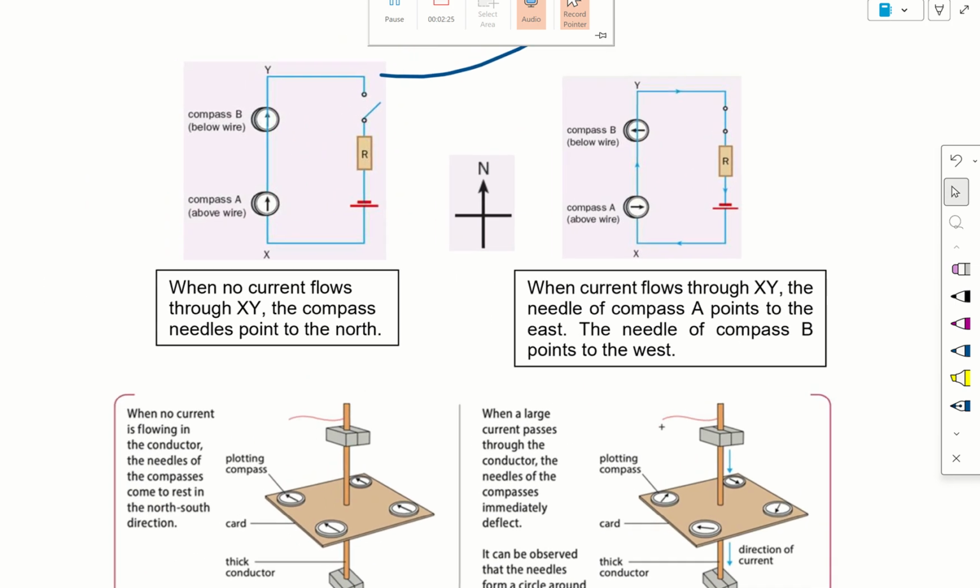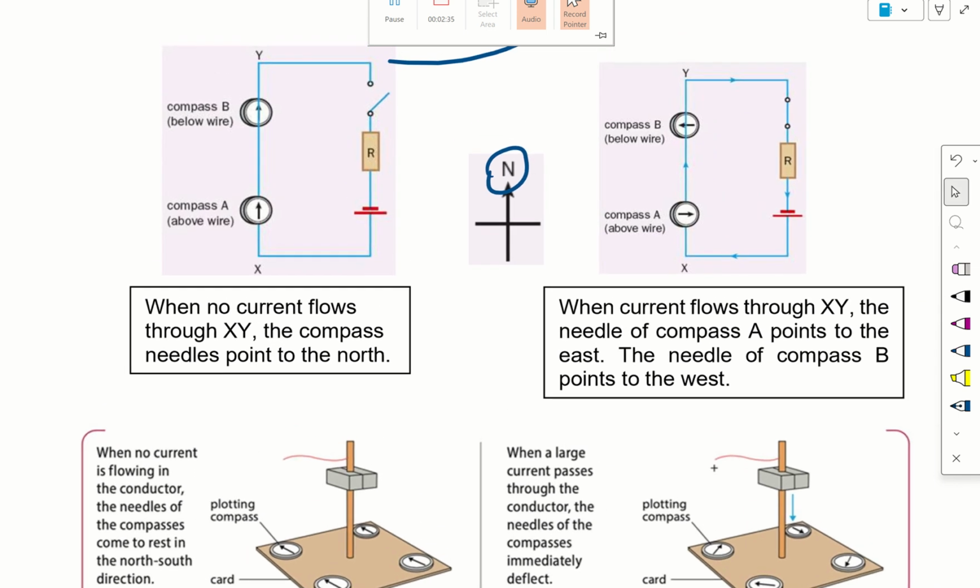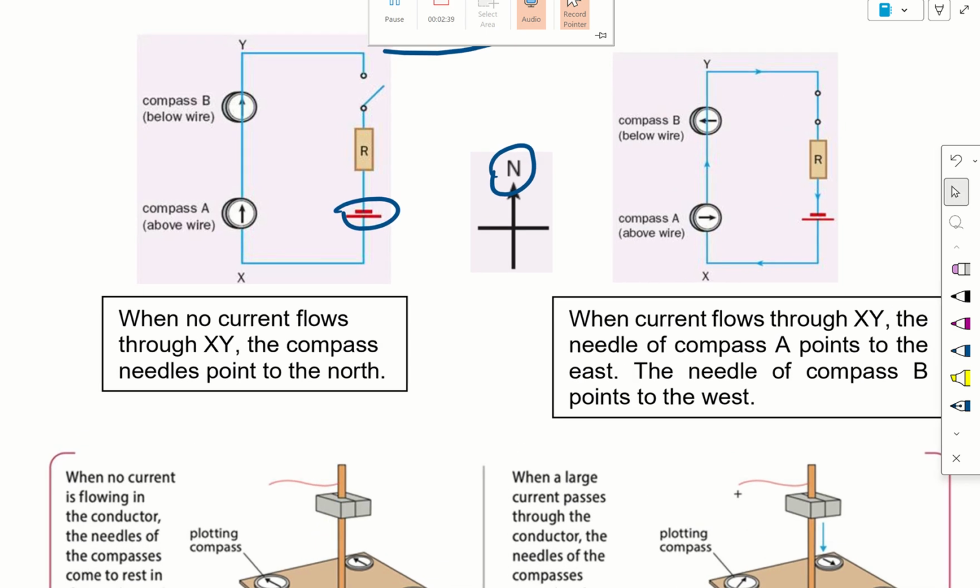Let me explain the figure. This is the magnetic north of Earth. We see that there is a cell, and when the switch is closed, current will flow out from the positive, that means the current will be flowing this way.